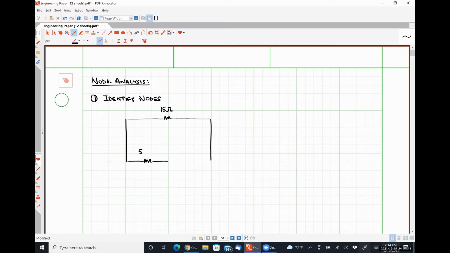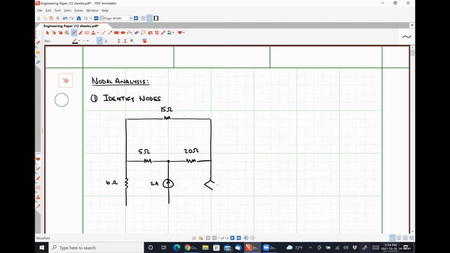A 5 ohm resistor. A 20 ohm resistor. A 10 ohm resistor. A 2 amp independent source.